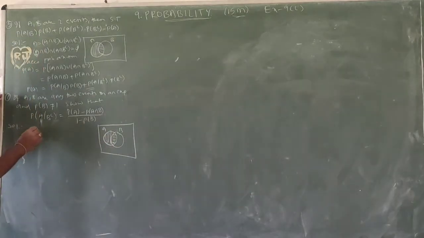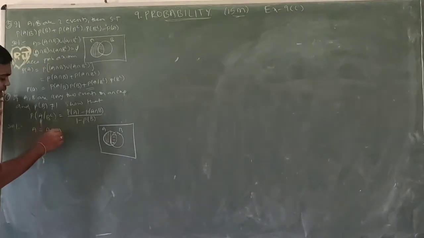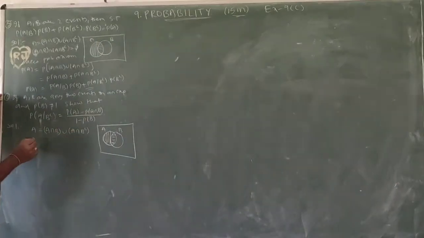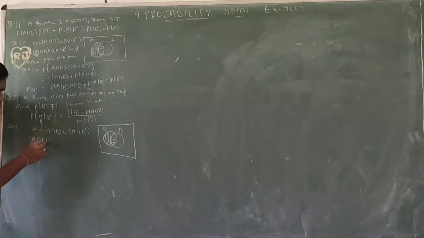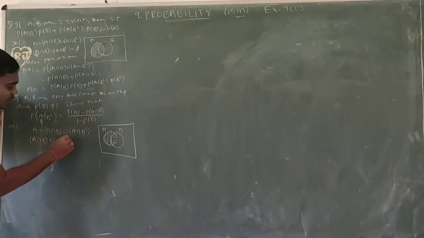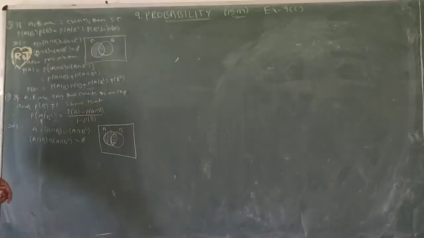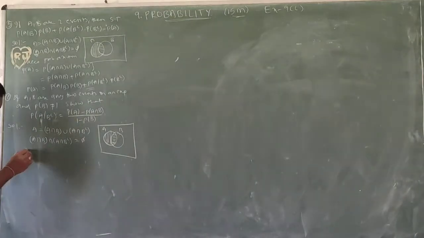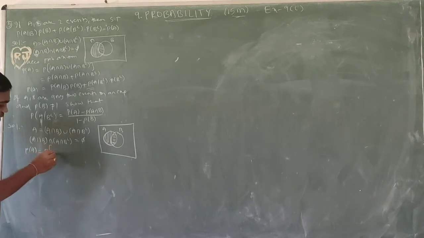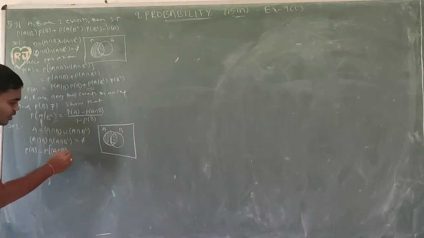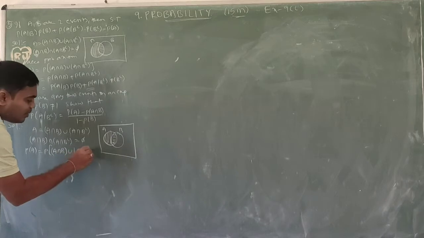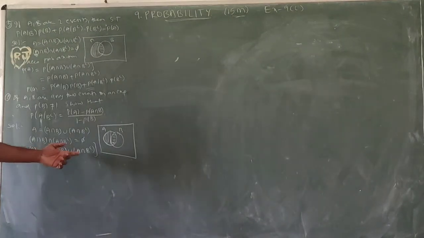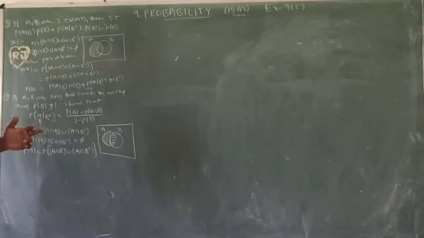So A equals A intersection B union A intersection B complement, and A intersection B intersected with A intersection B complement is empty, mutually exclusive, so phi. So P of A equals P of A intersection B union A intersection B complement. This is A, this is B. P of A union B equals P of A plus P of B.